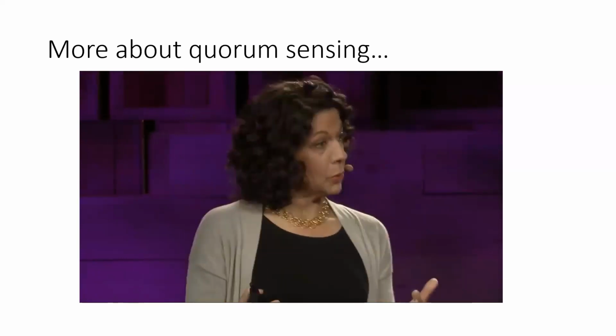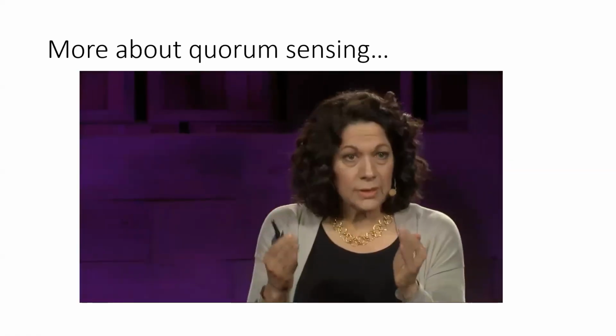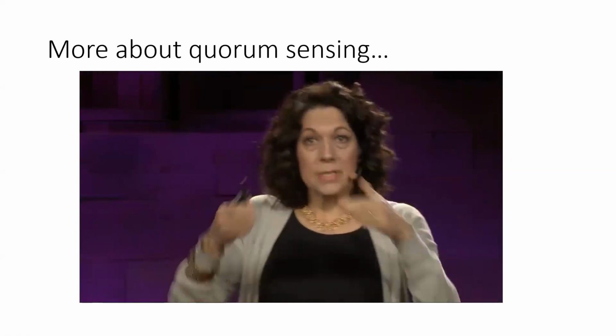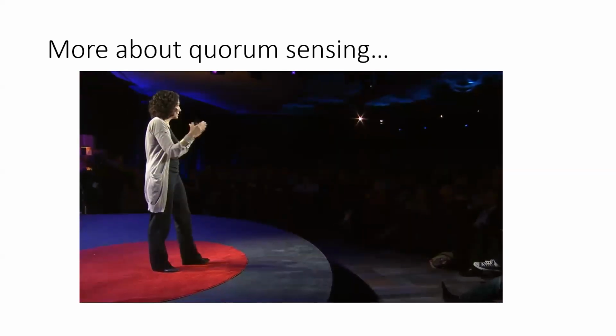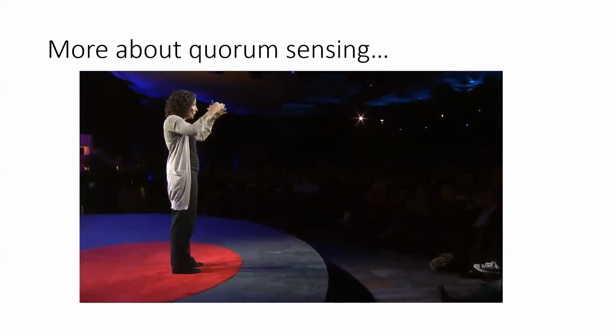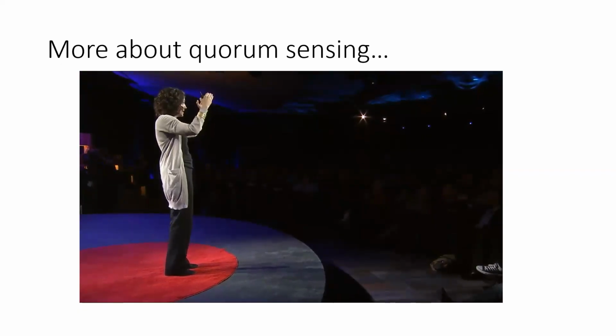And the reason Pseudomonas is so virulent is because of this chemical communication, this quorum sensing. What Pseudomonas does is that as it grows, it makes and releases small molecules, which are the red triangles on this slide. And so as the cells grow, these molecules that are outside of the cells increase in proportion to cell number.